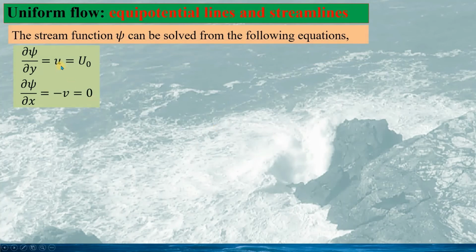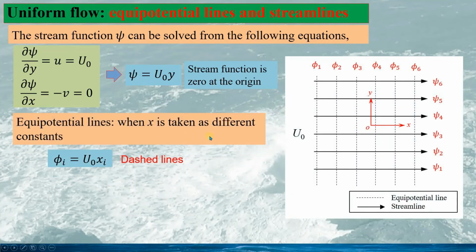Now, based on the velocity components u and v, we can build the equation for the stream function psi, given as this and this. And we can easily solve for the stream function psi. It is equal to u0y, and the stream function is 0 at the origin. Since we already know the potential function and the stream function, we can draw the equipotential lines.